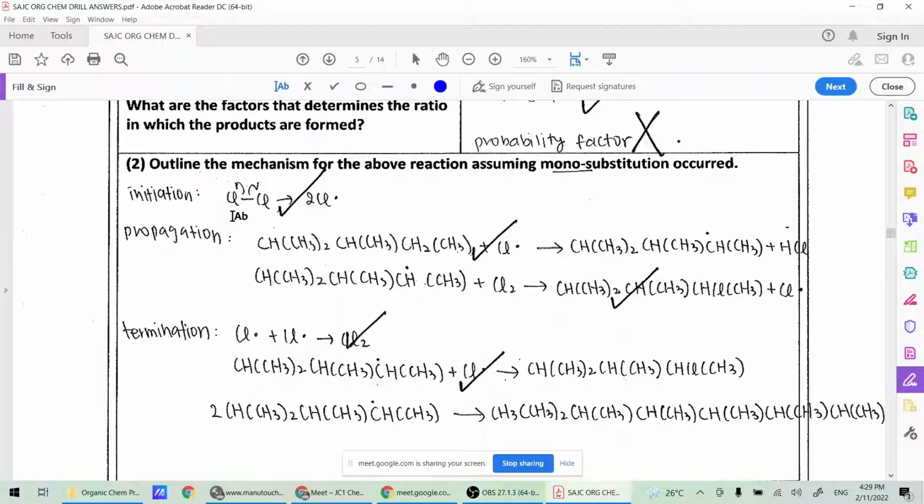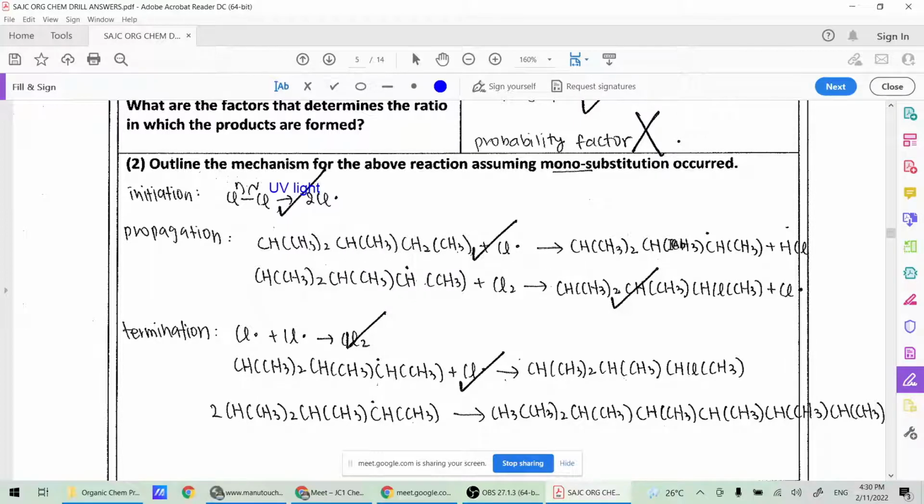Just a recap on free radical substitution. Don't forget to write the name of the mechanism, and also write the condition, UV light for initiation. Then make sure you indicate your homolytic fission arrows. Take note that the chlorine radical will always attack an alkane to give you an alkyl radical and HCl.